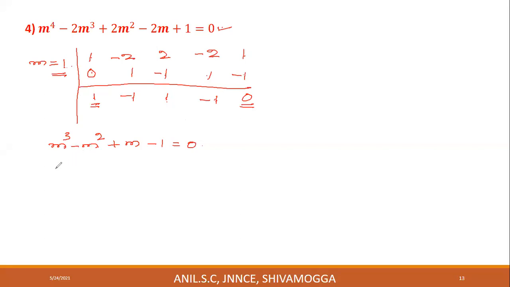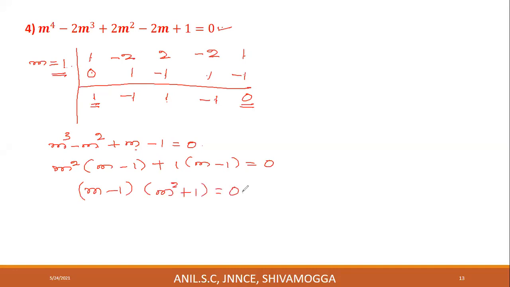Here m cube minus m square, you can take m square as common factor, then what you get within the brackets is m minus 1 plus here 1 into m minus 1 equal to 0. Therefore, m minus 1 into m square plus 1 is equal to 0. Therefore, either m minus 1 is equal to 0 or m square plus 1 is equal to 0. M minus 1 is equal to 0 implies m is equal to 1.